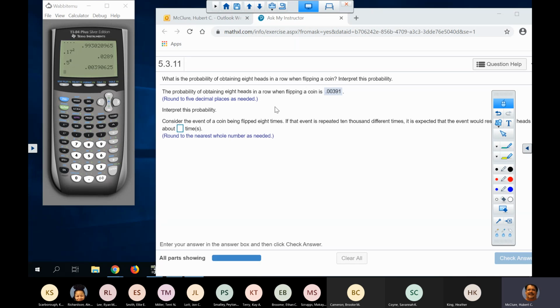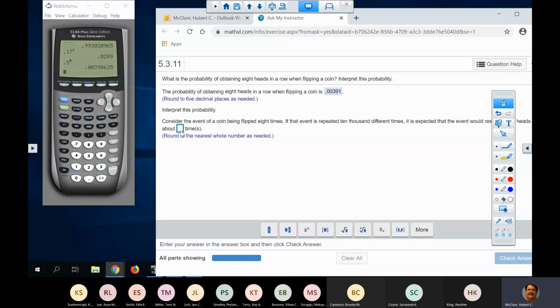So it'd be 39. Multiply it times 10,000 in your calculator. I'm not going to explain moving the decimal because we ain't got time to go over that. But if you do know how to move the decimal, that's good. 39 times.